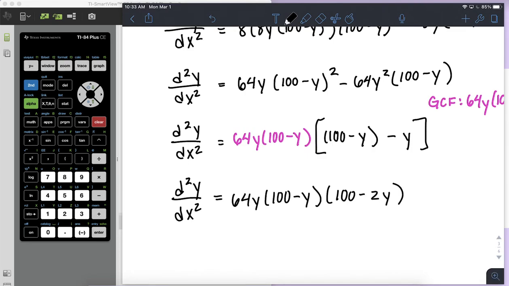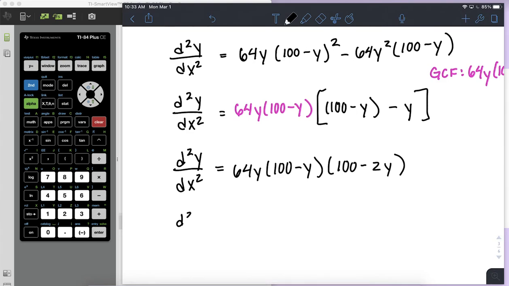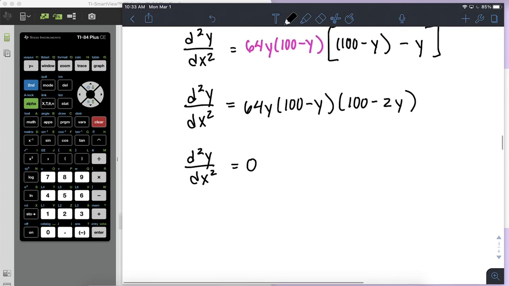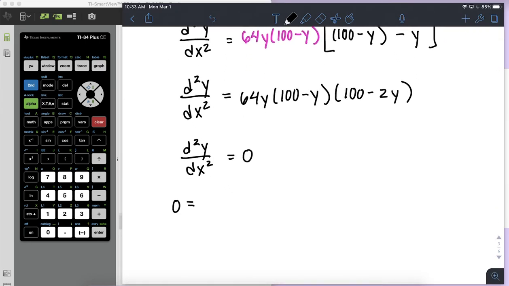So now we want to remember, why did we take the second derivative? We're trying to maximize the first derivative. So I need to set this equal to 0. Now, since I already have it factored, I know that I'm just going to set each part equal to 0.